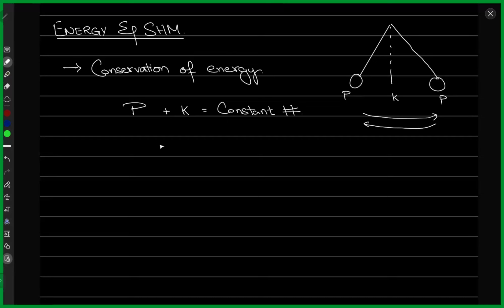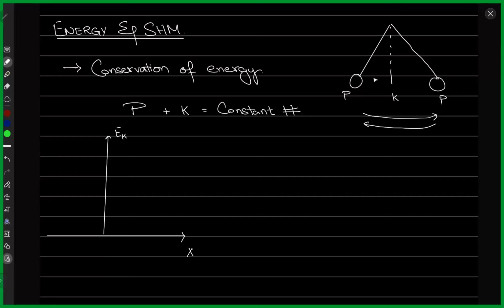So if I were to draw the kinetic energy of my oscillations with respect to the position of the system, here I have kinetic energy, and here I have the position of this system. I've already discussed that at the center we have maximum kinetic energy.